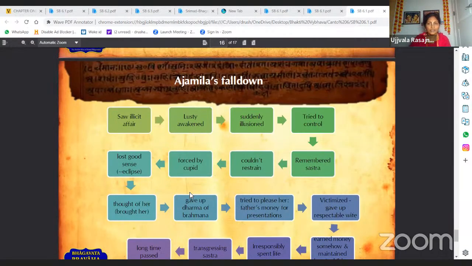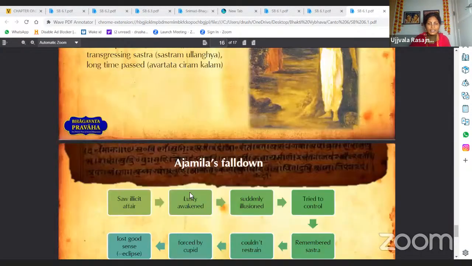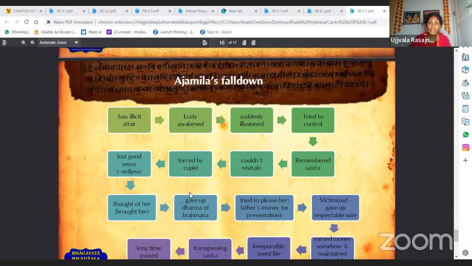After he saw that scene in the forest, he started thinking about it so much, and about the prostitute so much, that he left his chaste wife and stopped the service to his parents. He came out of the house. He married this prostitute, and he was eating whatever was cooked by her, and he was totally changed.